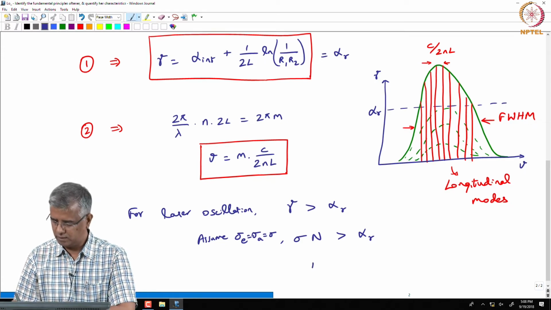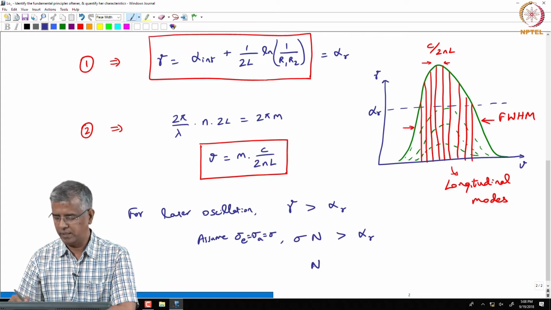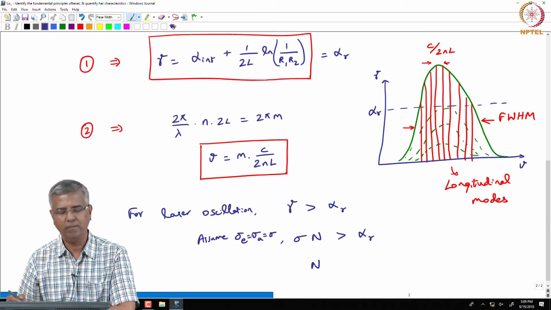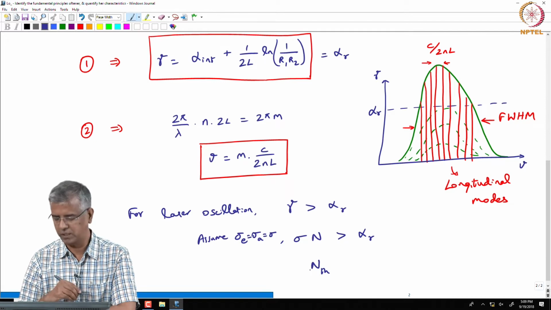There is a threshold n, a minimum inversion that you need to have, which we can call the threshold inversion.